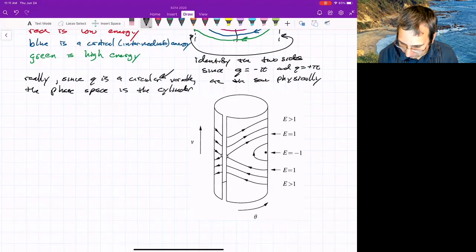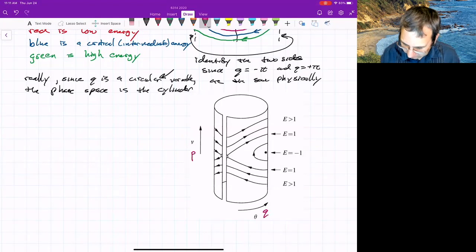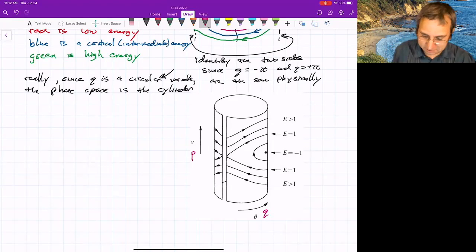So this is actually what I called Q, and this is what I call P. It has implications if you know the topology of your phase space cylinder. Like the cylinder has a certain type of topology, right? You go in one direction, you come back.